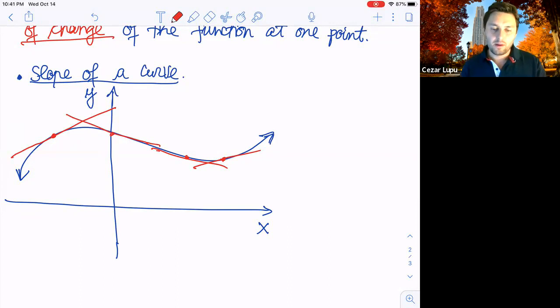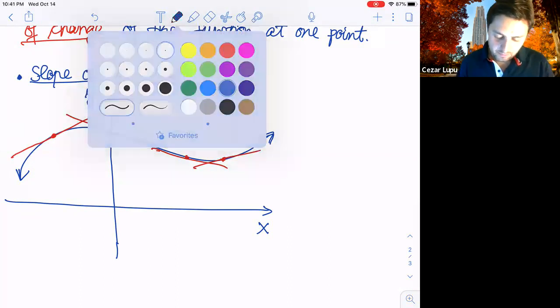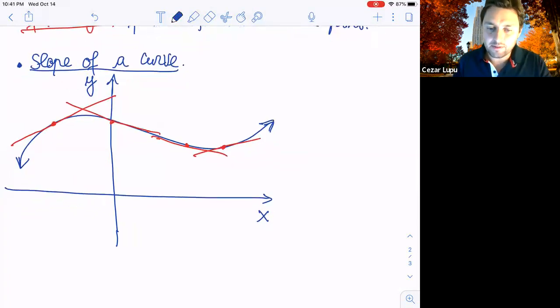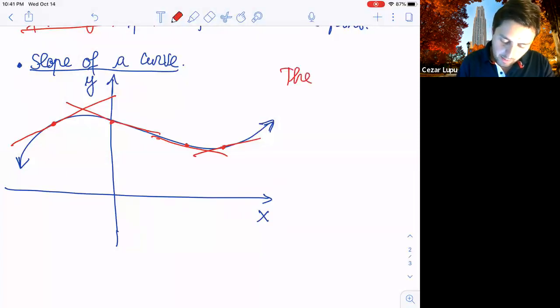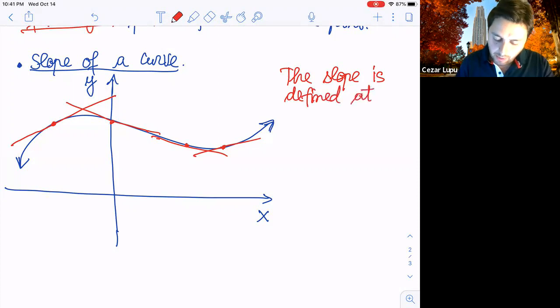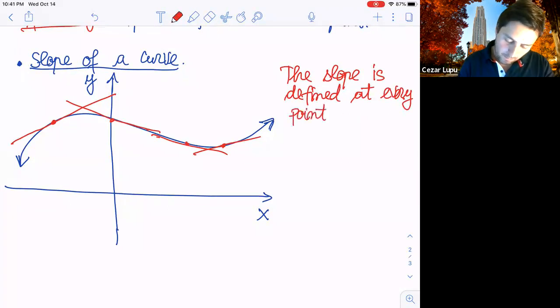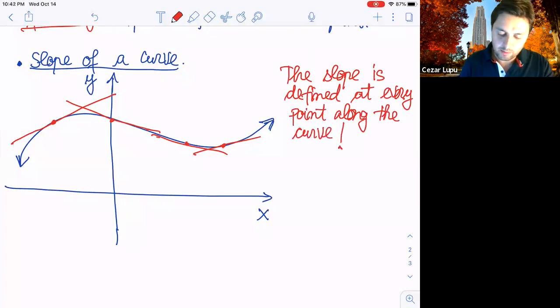All right, so we can say that the slope is defined at every point along the curve. This is very important to know.